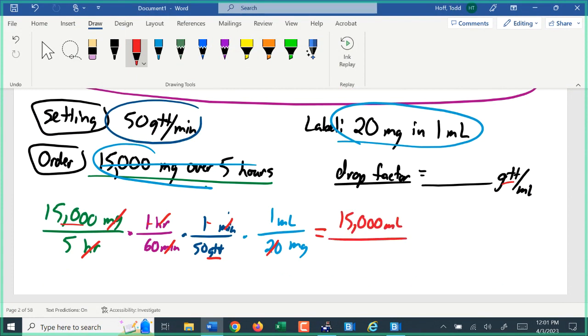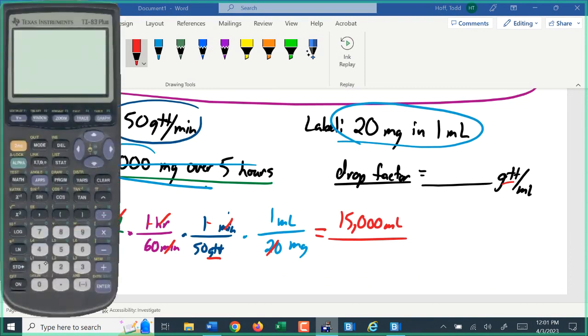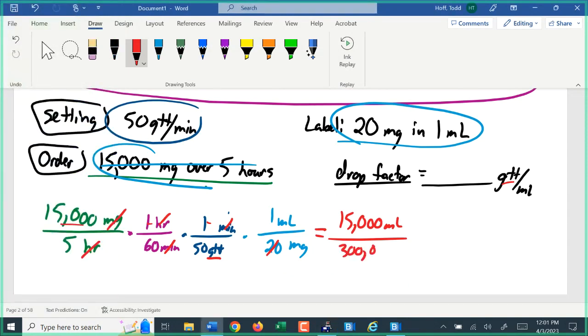On bottom, we have 5 times 60 times 50 drops times 20 equals 300,000 drops. For some reason I crossed off the 20 there, I should have crossed off the milligram.